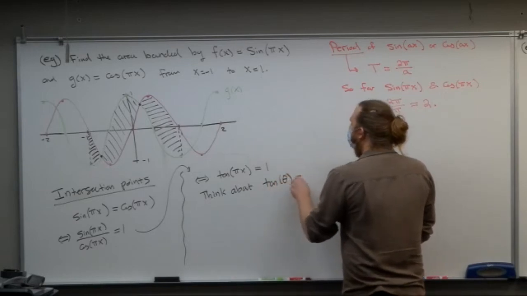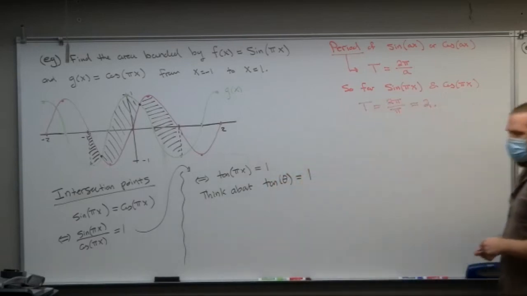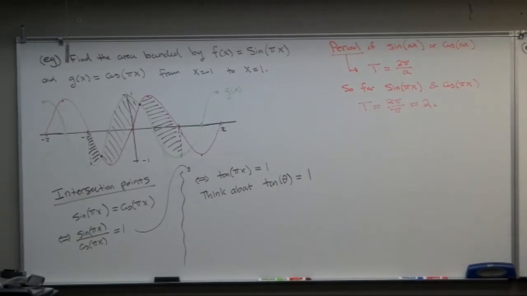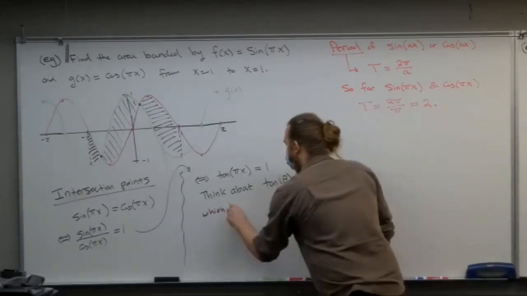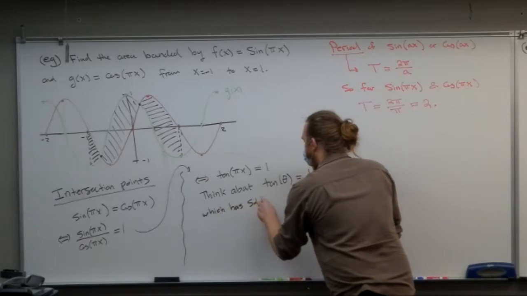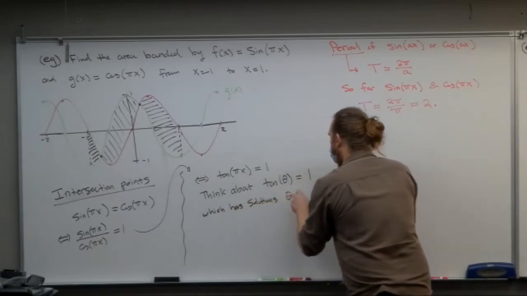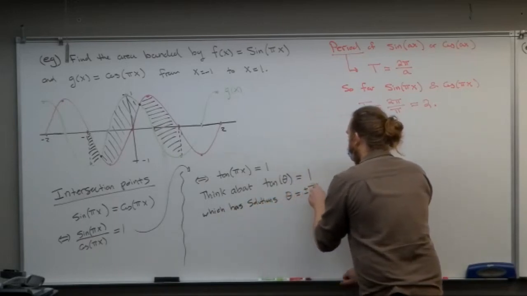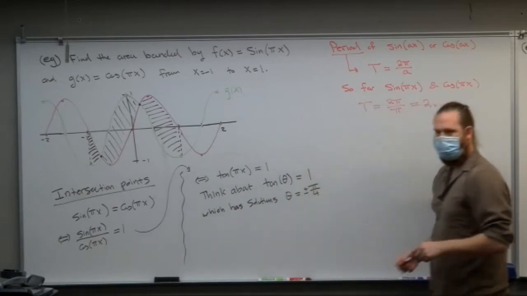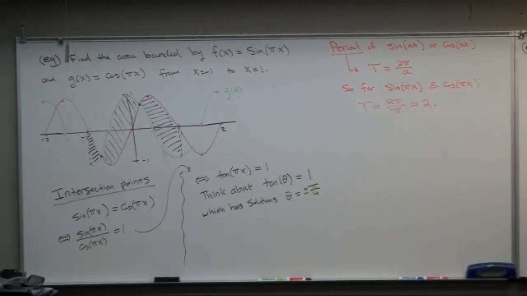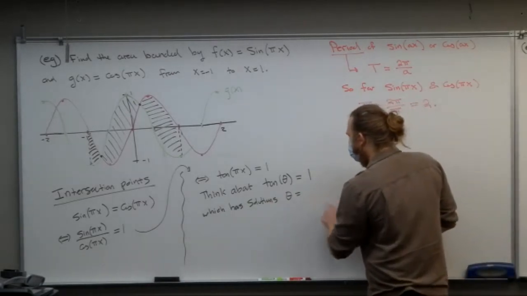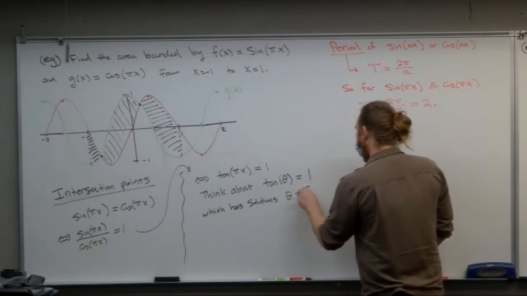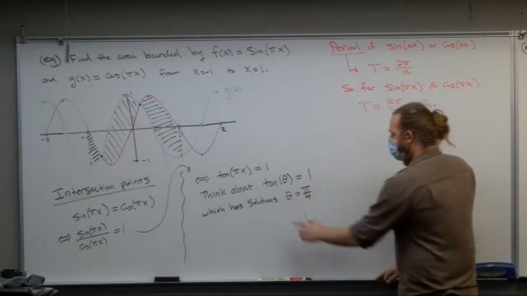Pi over 4. Almost, yeah. So tan theta is equal to 1 if theta is pi over 4, right? That's one of the solutions. Good. Which has solutions theta equals plus minus pi over 4, right? Oh, actually negative pi over 4 doesn't work. Sorry. So there's one solution, theta equals pi over 4.